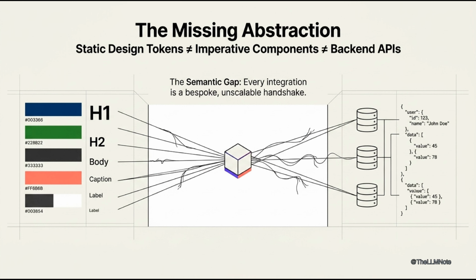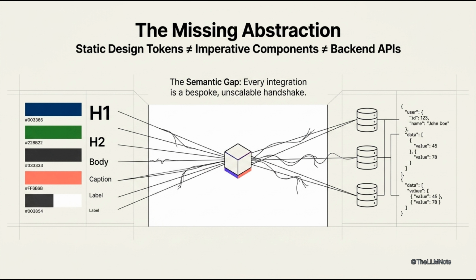The missing abstraction: front-end engineering lacks a unified modeling layer that formally connects design tokens, component interfaces, and business logic. Design tokens are static values. They don't encode behavior, state, or semantic roles. Components are built imperatively with no type-safe contract between their interface and the rest of the system.